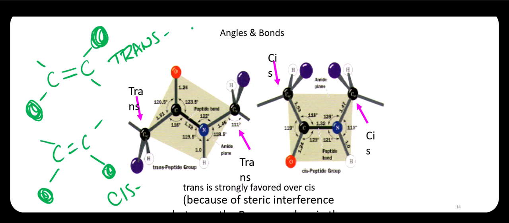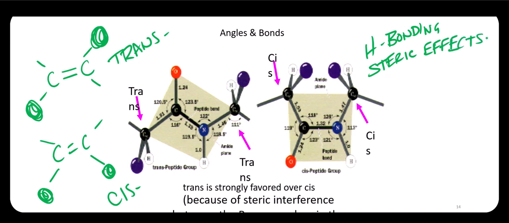So your two answers to everything just seemed like they were hydrogen bonding or steric effects, steric hindrance. If the question was why is part of a molecule pulled towards another part of a molecule or towards another molecule, that was hydrogen bonding doing that. If it was why is something pushed away from something, that's going to be steric effects.